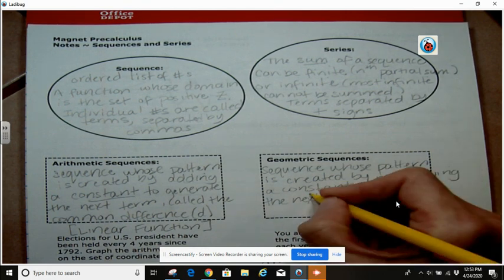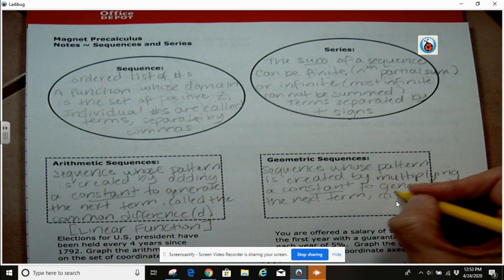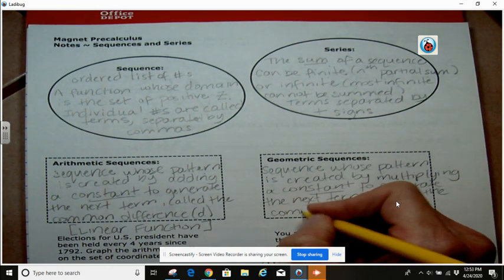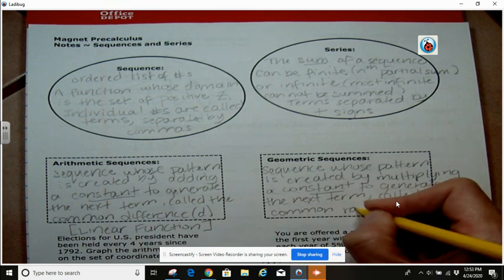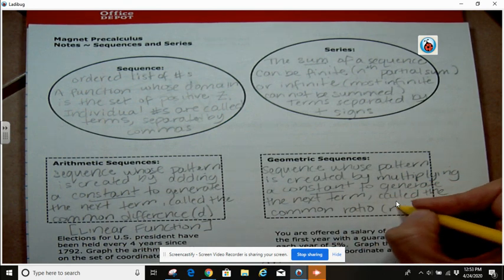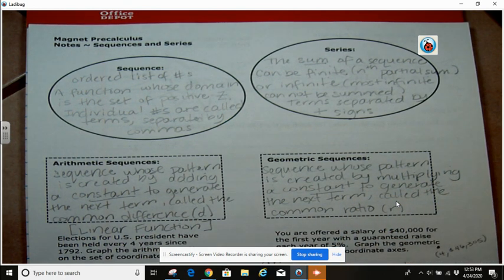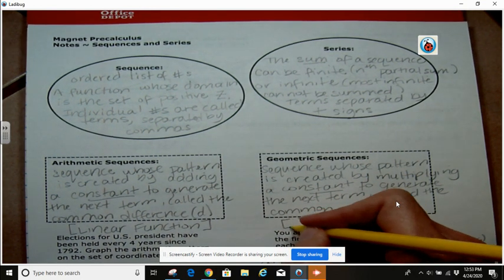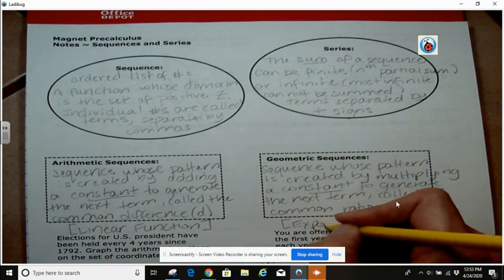And we call that constant the common ratio, designated with an r. And you'll find that a geometric pattern is described by an exponential function.